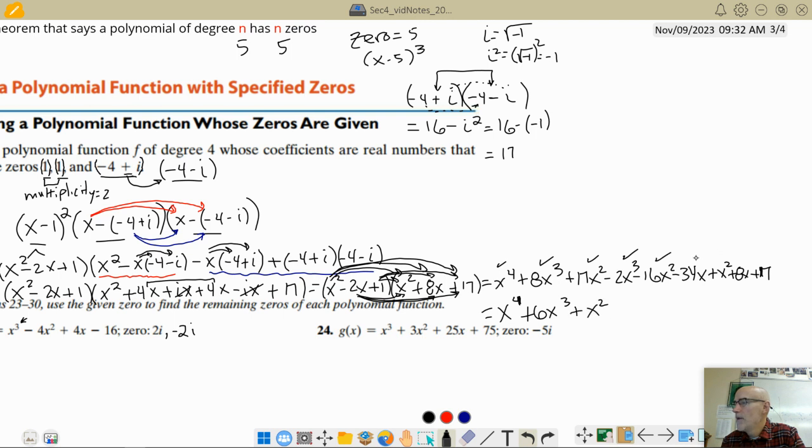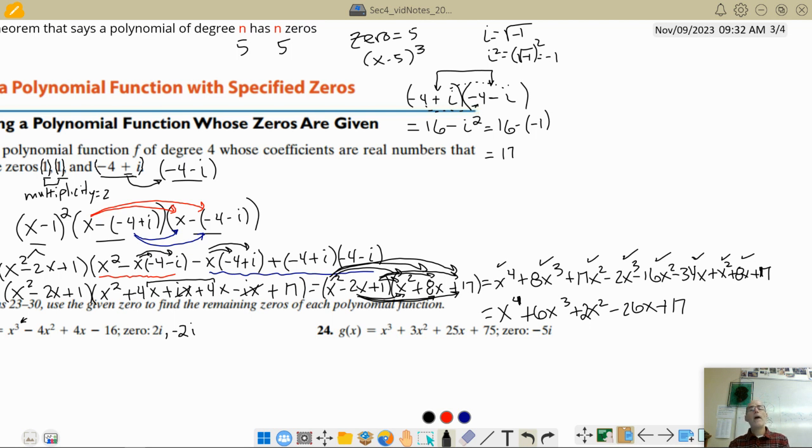Oh no, there's another x squared over there, so I've got 2x squareds, because I've got an x squared way over here. Let's double check that: 17 minus 16 is 1, plus 1 more is 2x squared. And then we've got 8x minus 34x, which gives me negative 26x. And then I've got a positive 17 on the end.